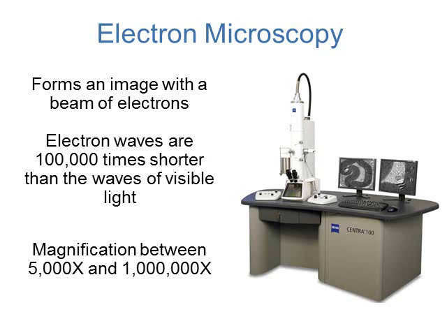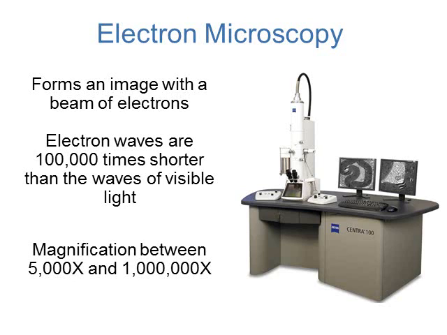Another type of microscope besides the light microscopes are the electron microscopes. So instead of using light to form an image, electron microscopes use beams of electrons to form the image. So electrons are very, very tiny, if you remember from chapter 2, extremely tiny. These electron waves are 100,000 times shorter than the waves of visible light.